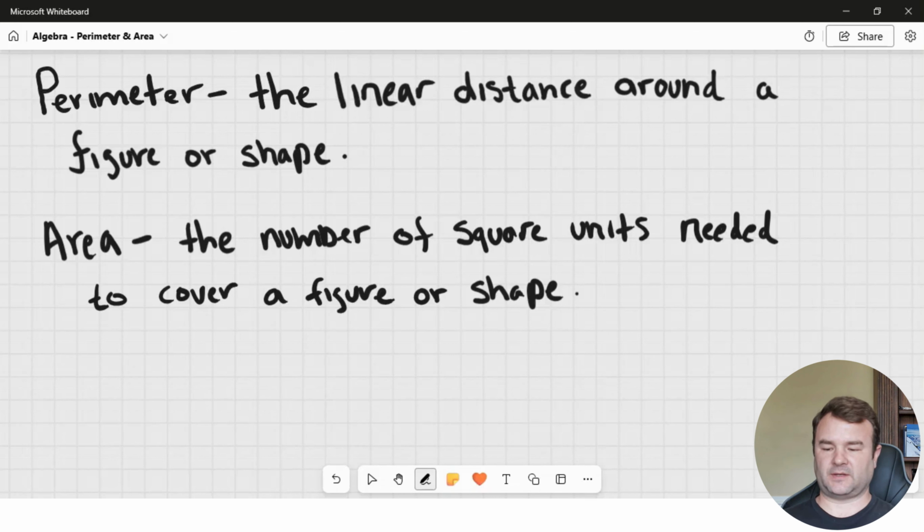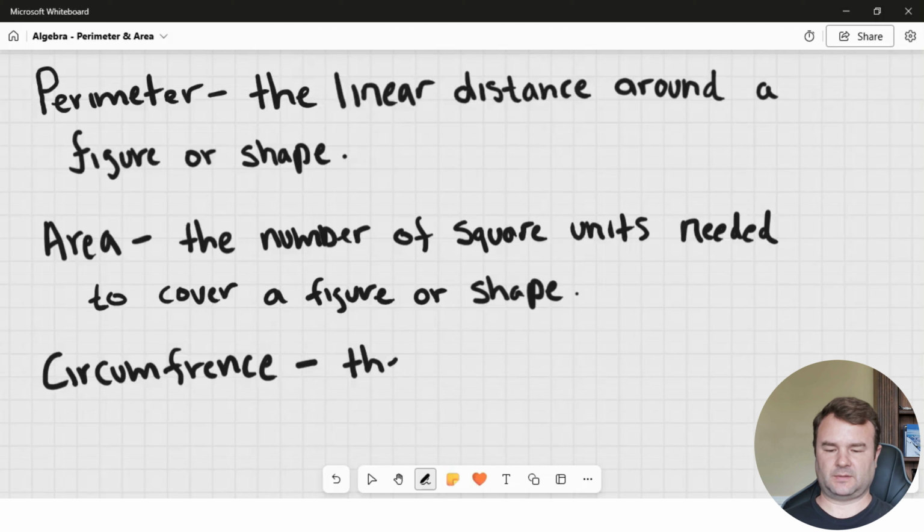So let's go ahead and define what circumference is. So circumference is the distance around a circle.